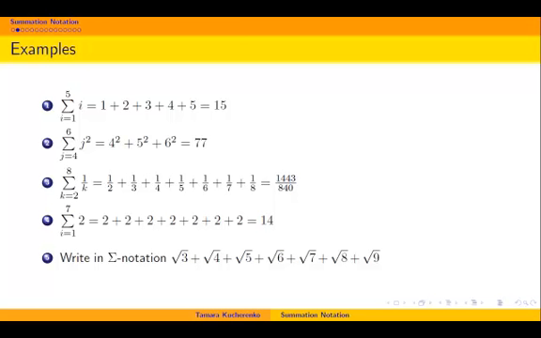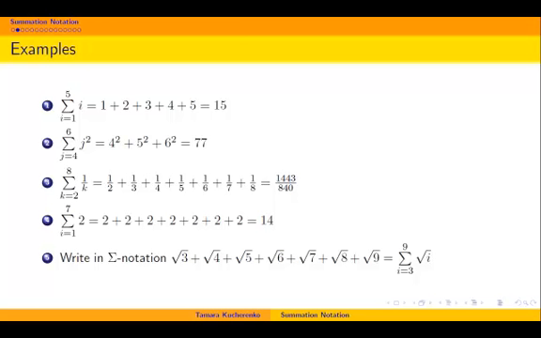We see that the general term can be expressed as square root of i. Then we need to start the sum at i equals 3 and end it at i equals 9.